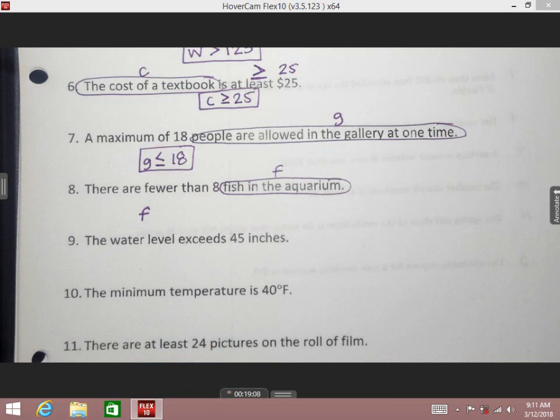All right, it says there are fewer than 8 fish in the aquarium. Fewer than. What symbol am I going to use for that? What do you think, Caleb? We got our F for fish for fewer than. Do you think that's less than, greater than, less than or equal to, greater than or equal to?